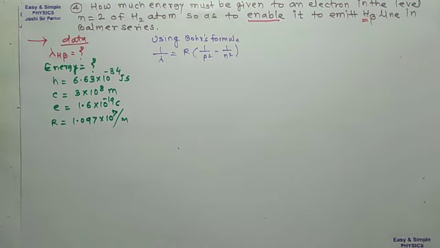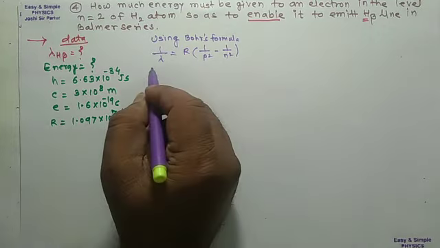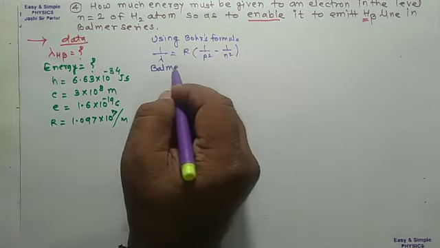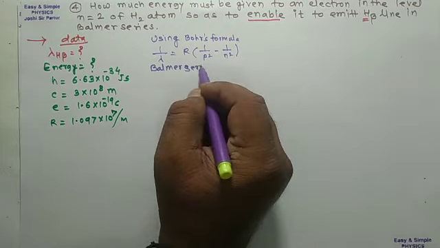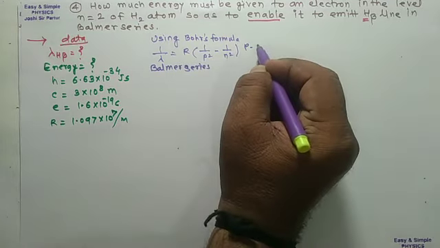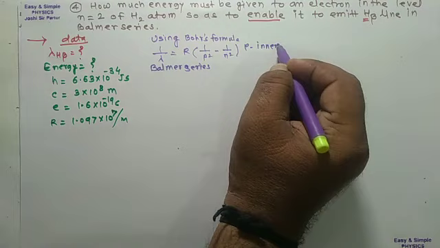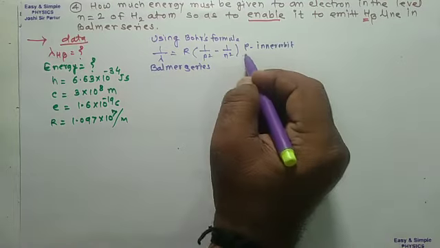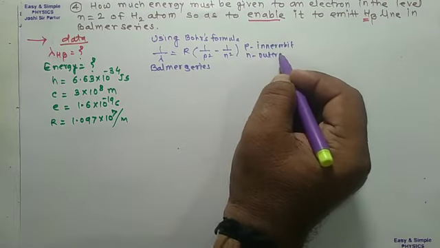Now we substitute the values for the Balmer series. Here p is the inner orbit and n is the outer orbit.